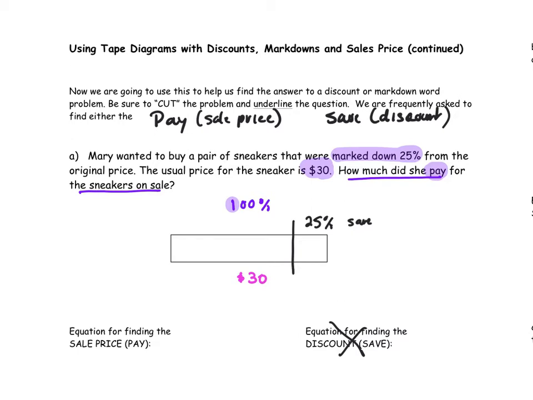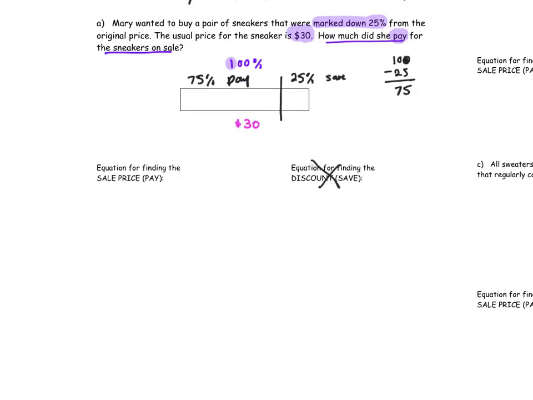So if we take 100% minus 25%, we're going to get 75%. So the pay part is 75%. This is the pay. So we only need to do one equation, and many people gave me both, and I'm not complaining because you did the extra one above, but when we have a word problem, we want to make sure that we answer the question.